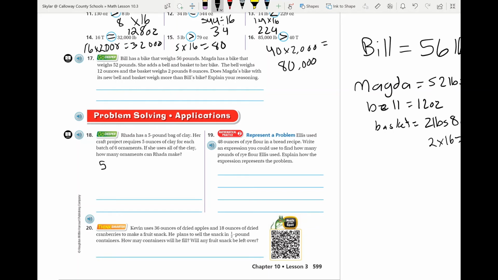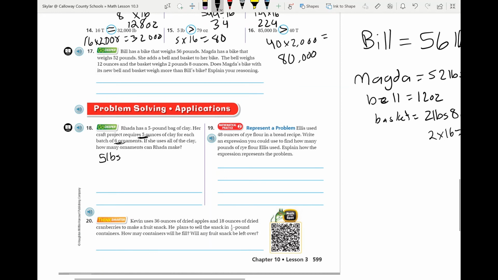You know that she has 5 pounds. So you need to find out how many ounces she has. How many ounces does she have there? And then it says that it's 5 ounces to make 6. So you'll divide whatever that is by 5. And then you'll multiply it by 6 because you make 6 ornaments out of it.